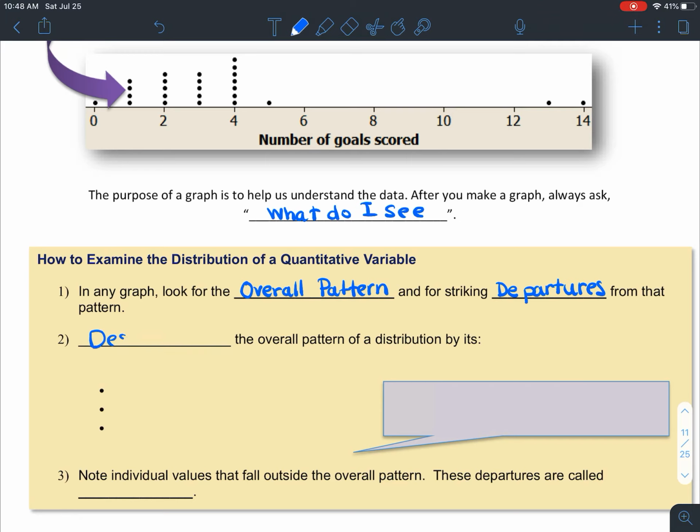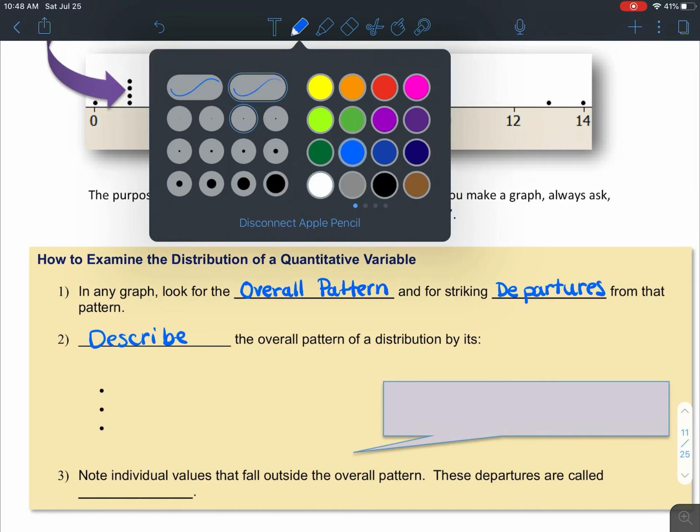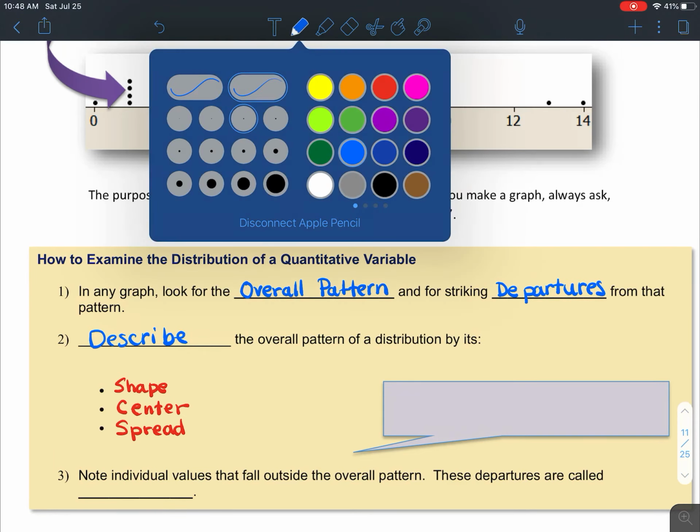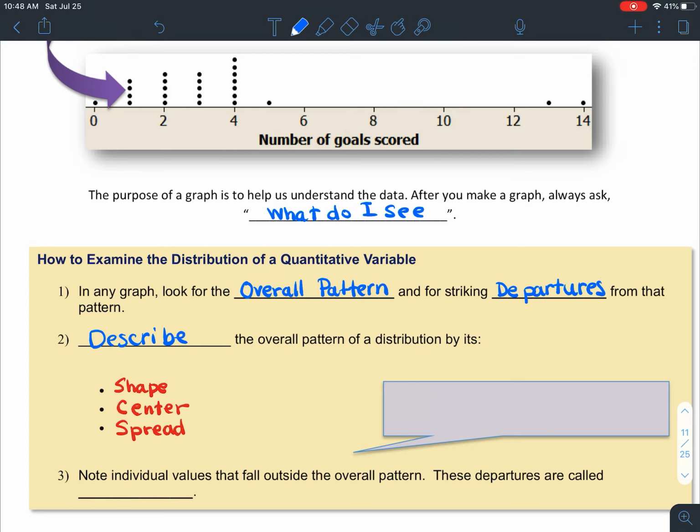Okay. The other thing is you want to describe the overall pattern by using these 3 things. We want to always describe by the shape, by the center, and by the spread. And we're going to break these down here. And then at the bottom here, you want to note any individual values that appear like they're falling outside of that overall pattern.